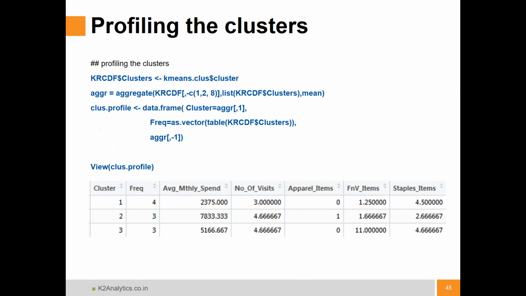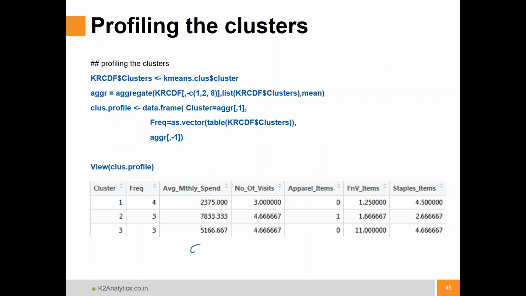Based on the clustering, you got the profile. This is the kind of profile. Now here there is a new customer who comes in, and that customer does a spend of say 6,500 rupees, and comes say 3 times. So let me put those numbers.